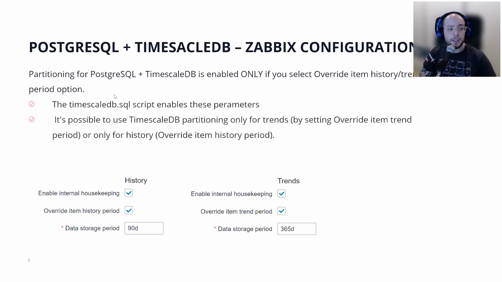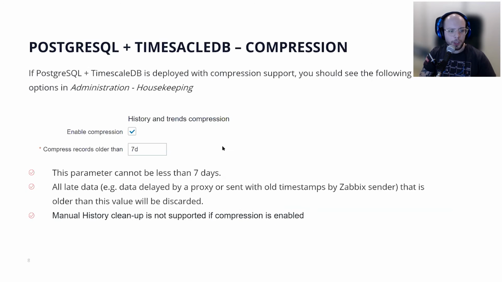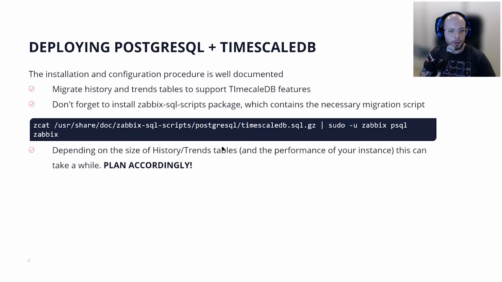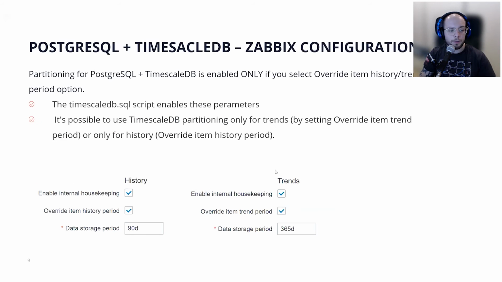The TimescaleDB SQL script that we deployed a couple of slides ago enables these override checkboxes automatically. So if you're executing the script, you shouldn't worry about them. But by removing these checkboxes, you can configure partitioning only for history or only for trends. Remove the checkbox from whichever isn't necessary.